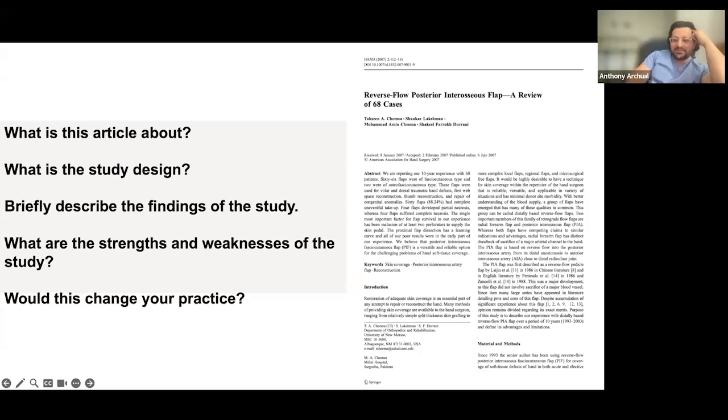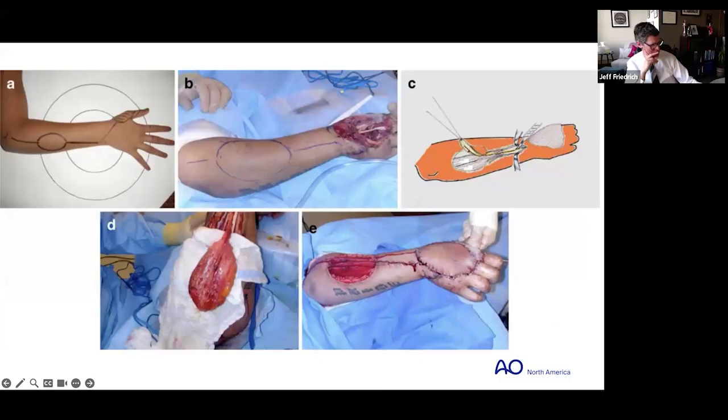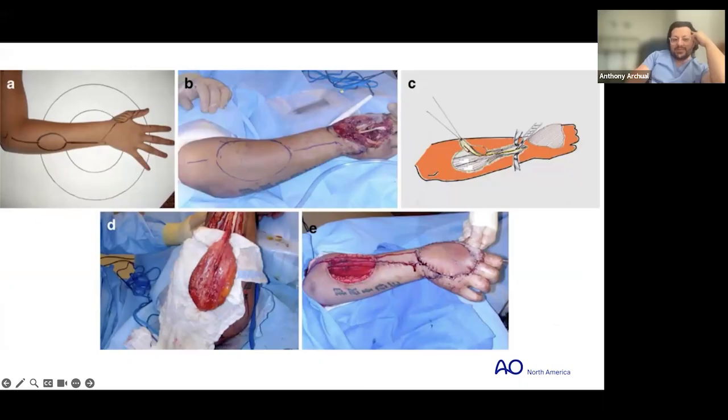They do a really extensive review of the anatomy of the posterior interosseous artery and its perforators. I do like their operative technique description. They talk about using the tourniquet without exsanguinating, the incision they make, and how they try to preserve the flap's perforators. I have to say that this is a flap that every time it comes up, a lot of people groan or talk about the bad experiences they've had with it.